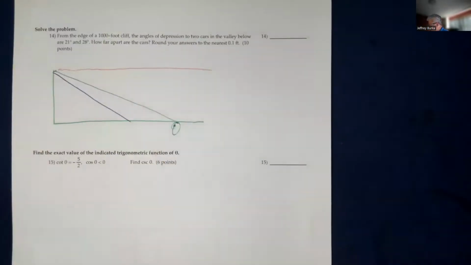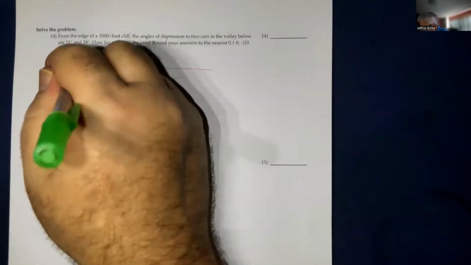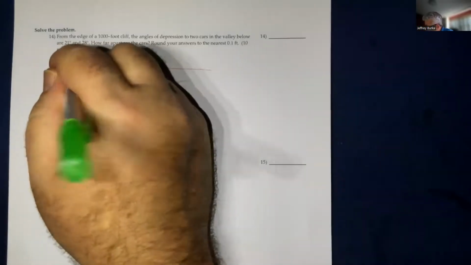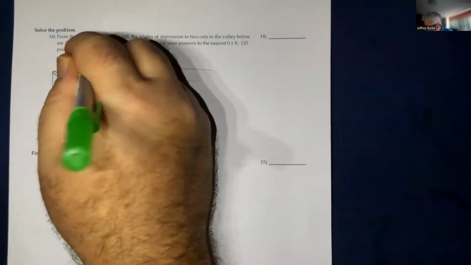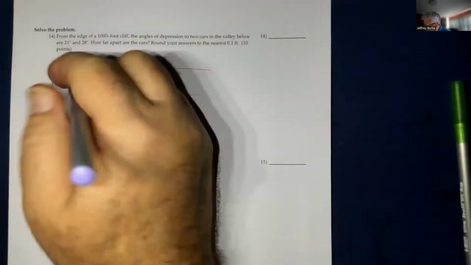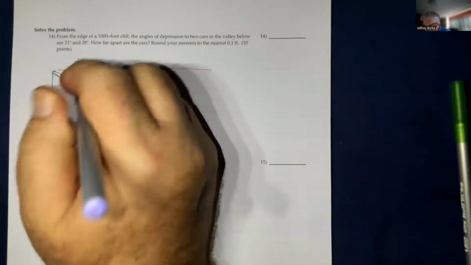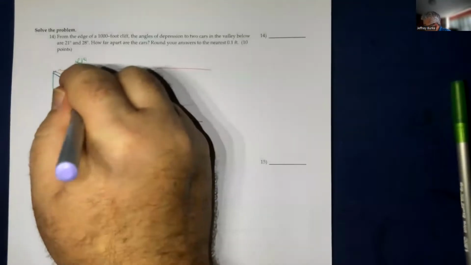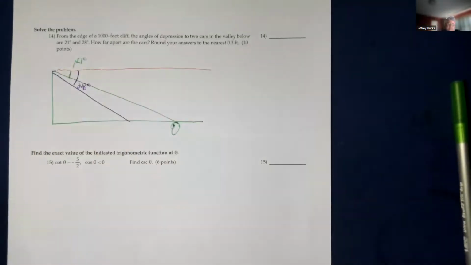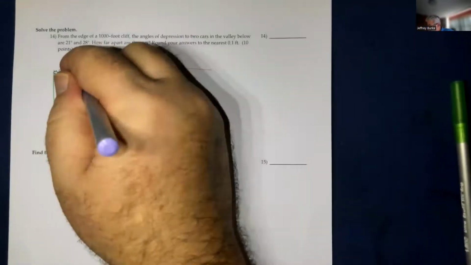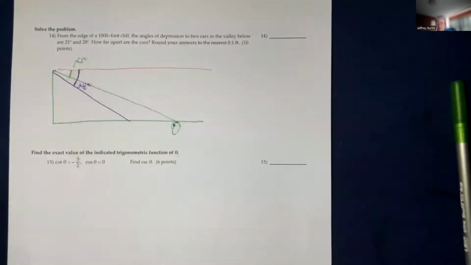It's going to be the 2nd car. So I'm going to say that this first angle here from the horizontal line of sight is going to be 21 degrees. And I'm going to say that the second angle from the line of sight is going to be equal to 28 degrees. So that's the entire angle here is going to be 28 degrees.